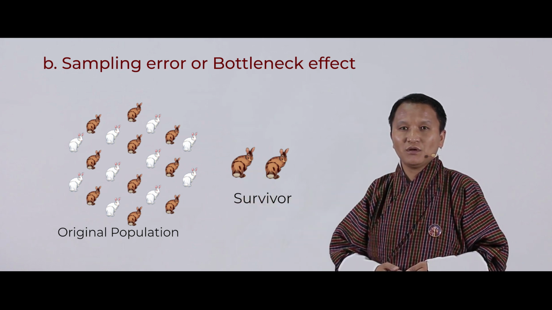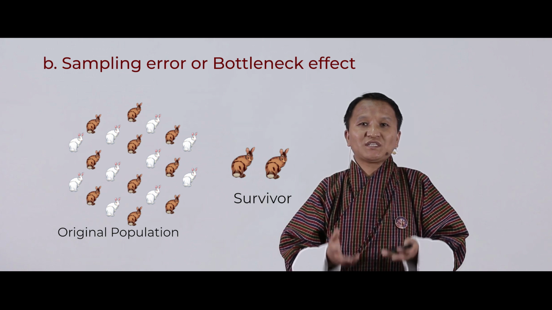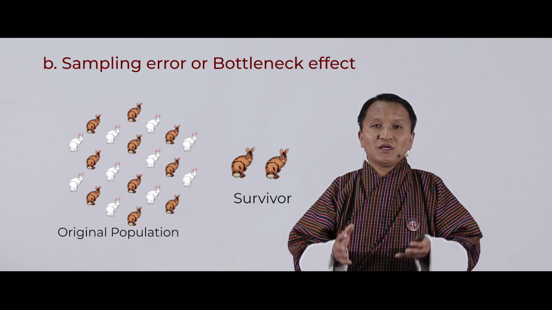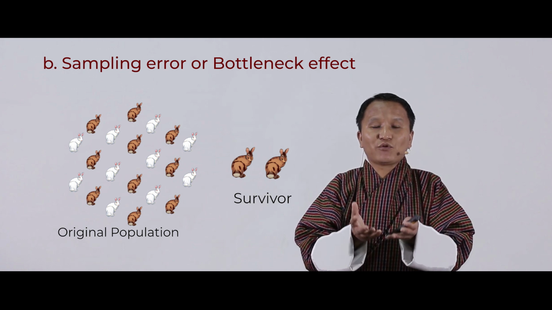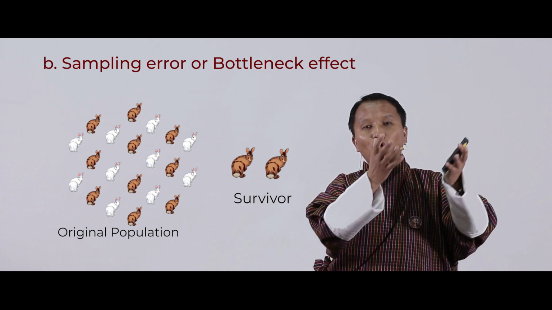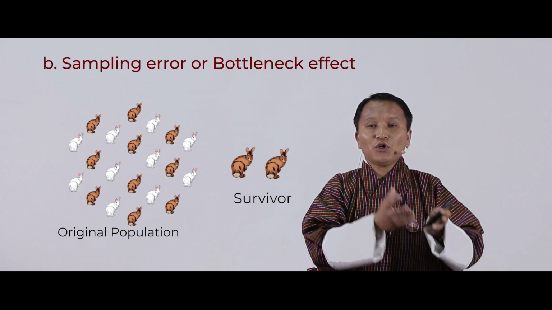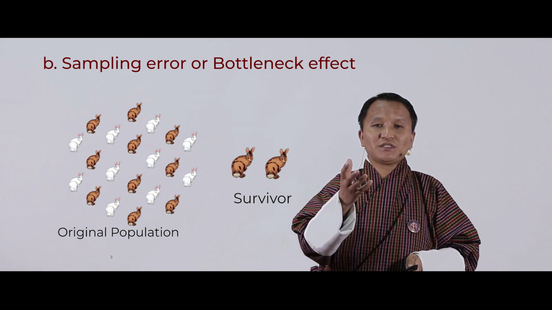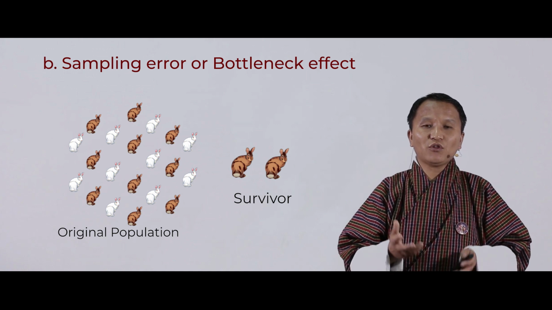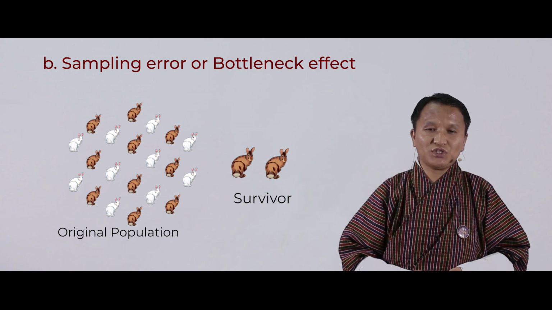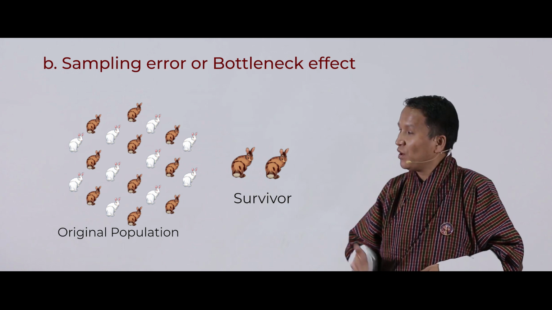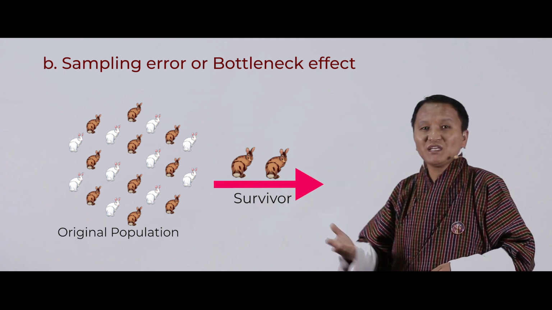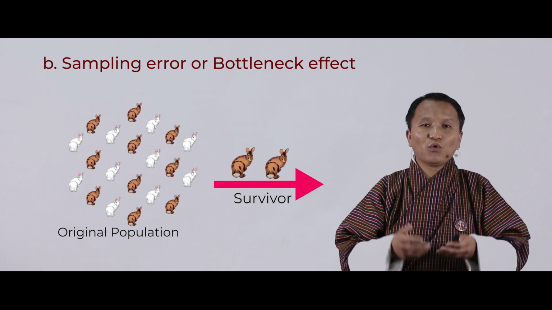So now, what gene would they carry? They would not represent the original allele frequency that is present in the original population. So the allele frequency of the gene these rabbits are carrying will not be the same as what was there in the original population. And now, they move and restart the population. But this does not happen on one occasion.